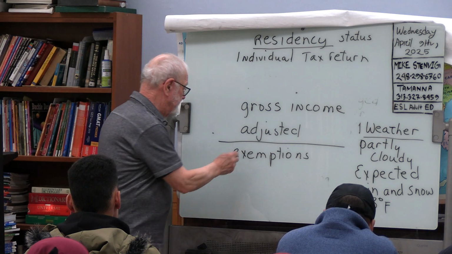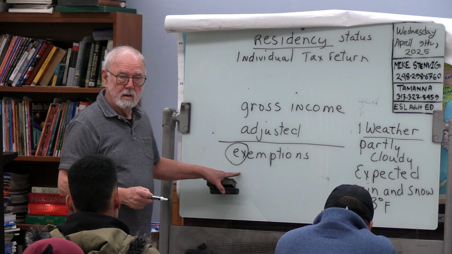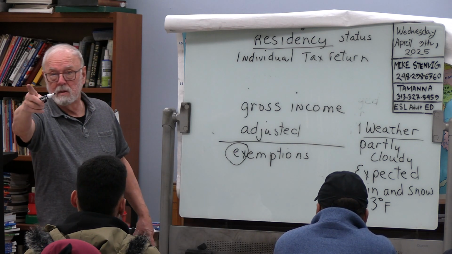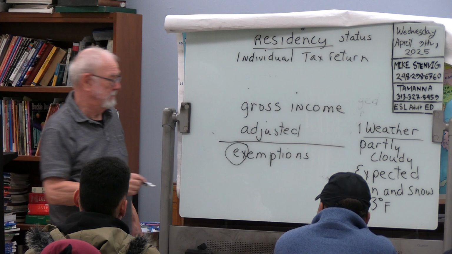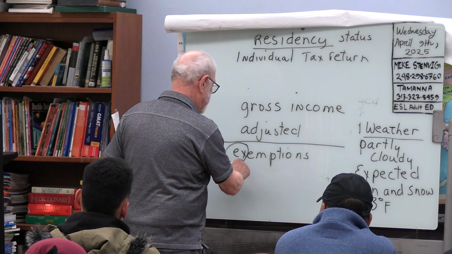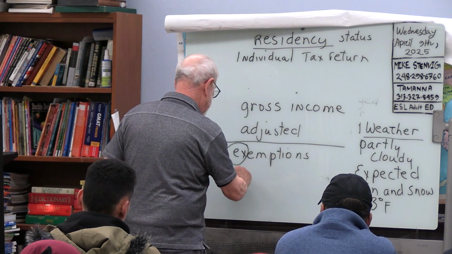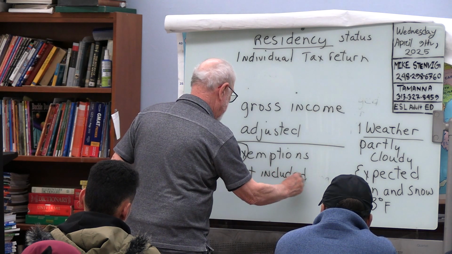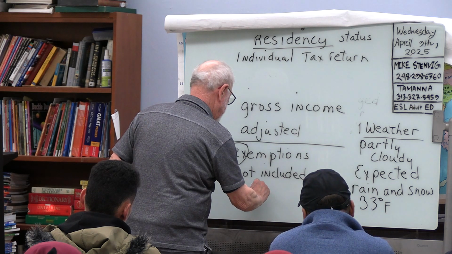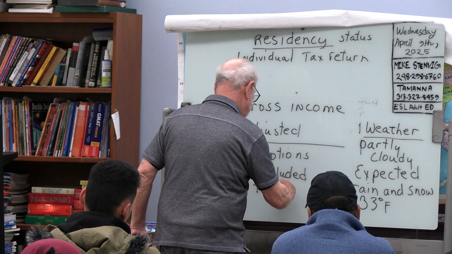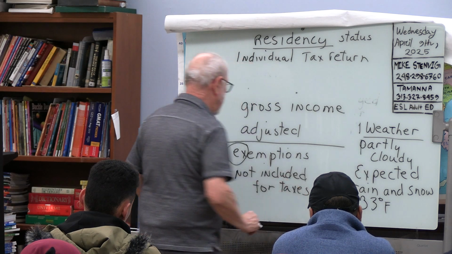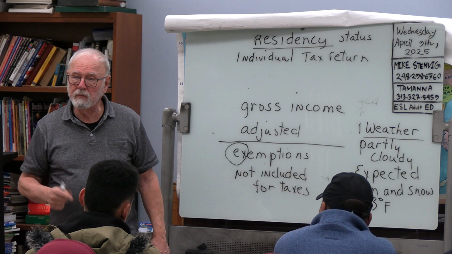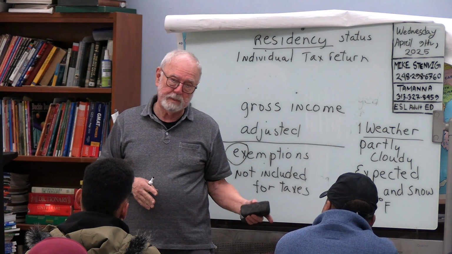Exemptions. We're talking about exemptions for income tax: part of the money you make, you don't have to pay tax on.